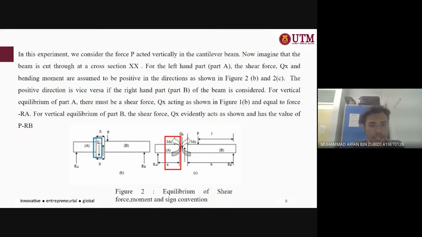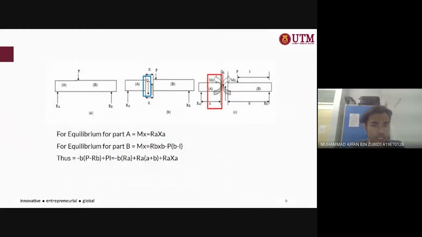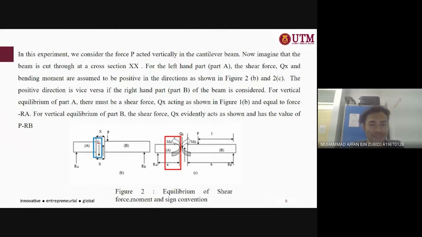For the left hand part, which is part A, the shear force Qx and bending moment are assumed to be positive in the direction as shown in figure 2b and figure 2c. The positive direction is vice versa if the right hand part, which is part B of the beam, is considered.